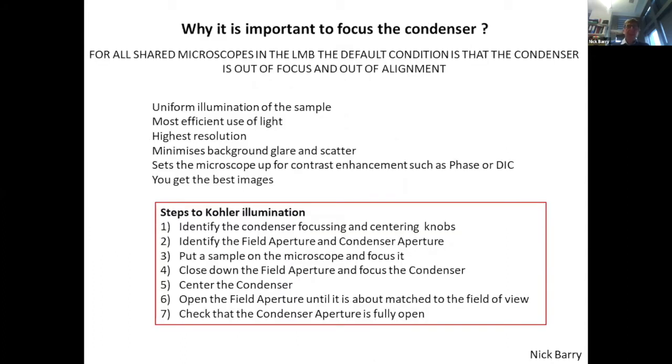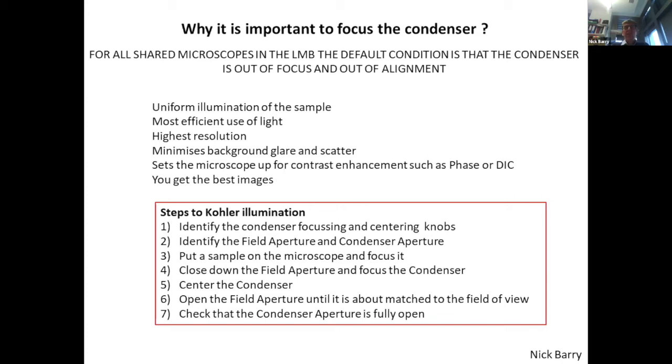But unfortunately, if you want to get the best out of your microscope, you've got to actually focus that condenser. If you go to a shared microscope, the default condition is that the condenser is going to be out of focus, out of alignment. So taking care of that will actually improve the image quality, because you get the most uniform illumination of the sample and efficient use of light.